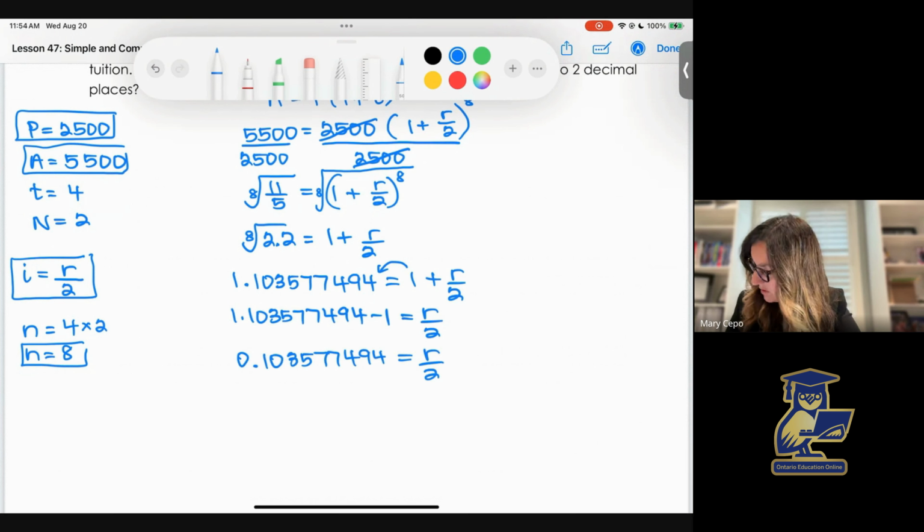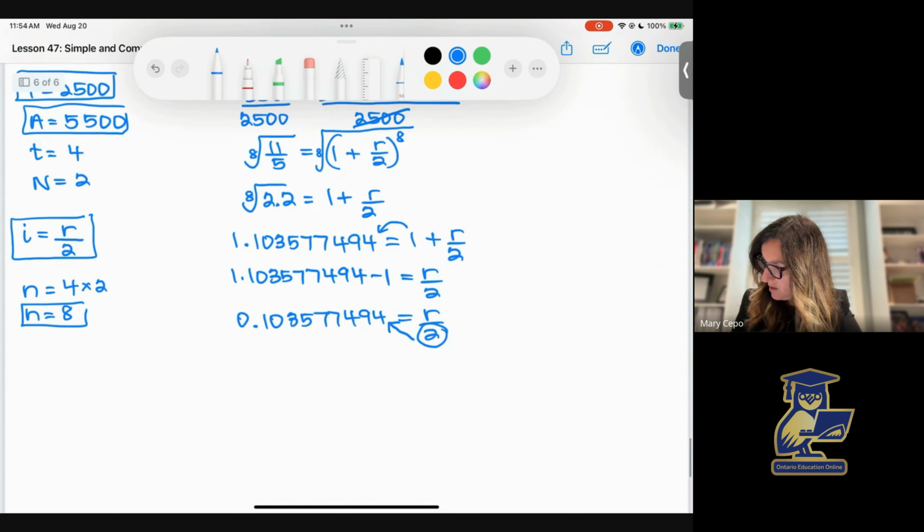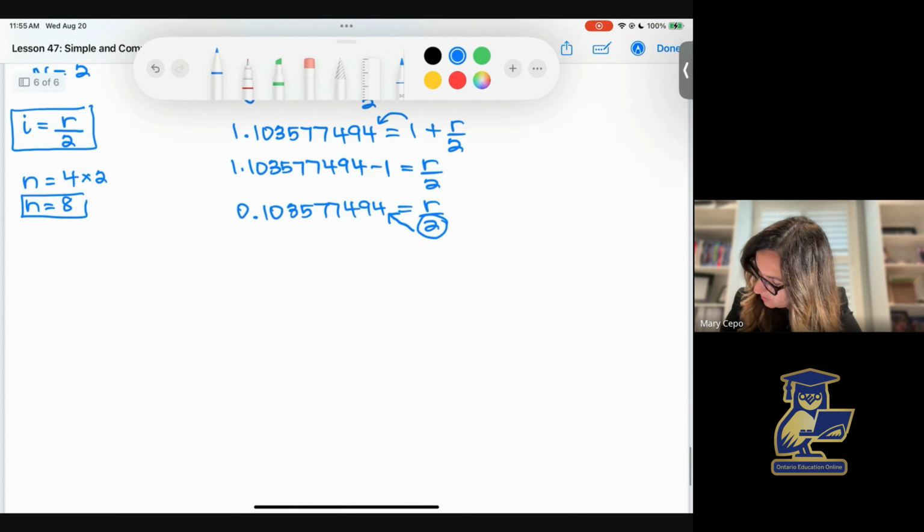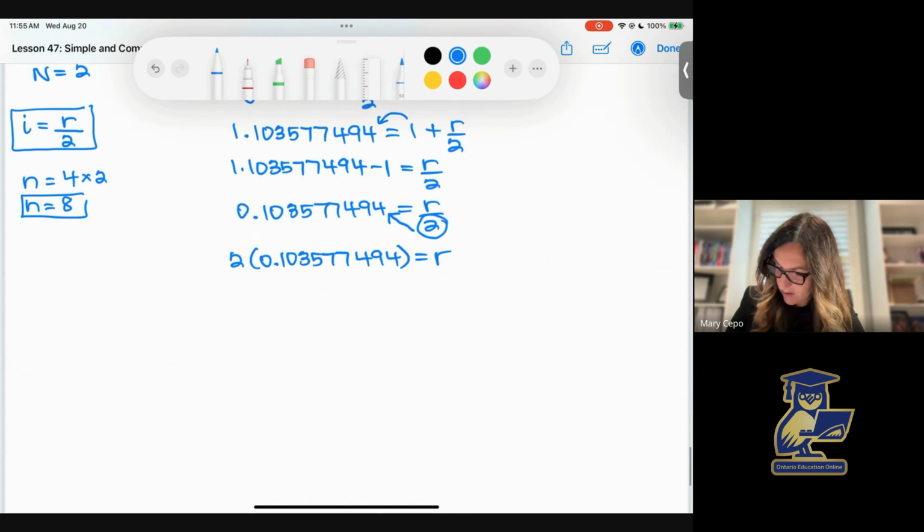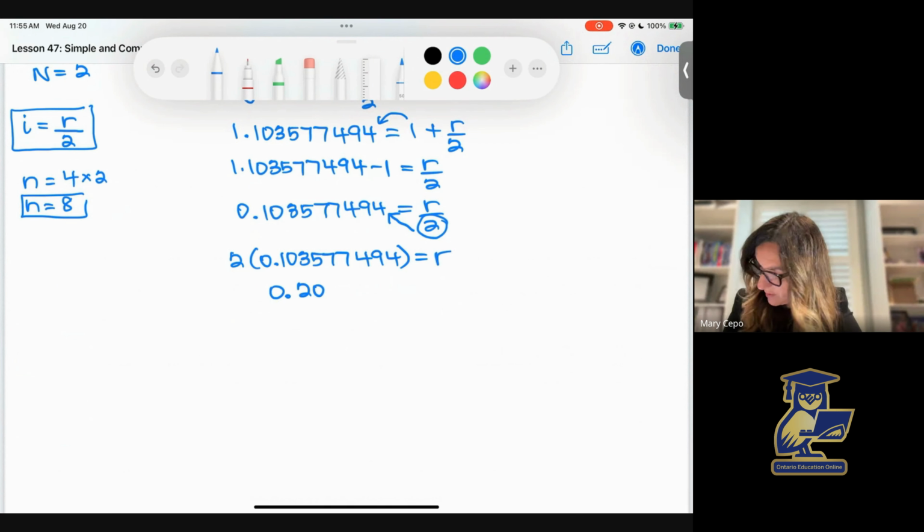In order to get rid of that 2, r divided by 2, when I bring it over, I'm going to multiply. So it's going to be 2 times 0.103577494 is equal to r. Multiply that by 2, and we get 0.20715498883 is equal to r.